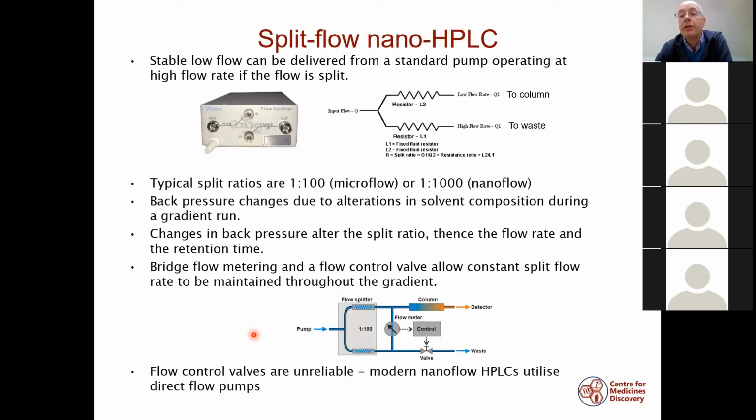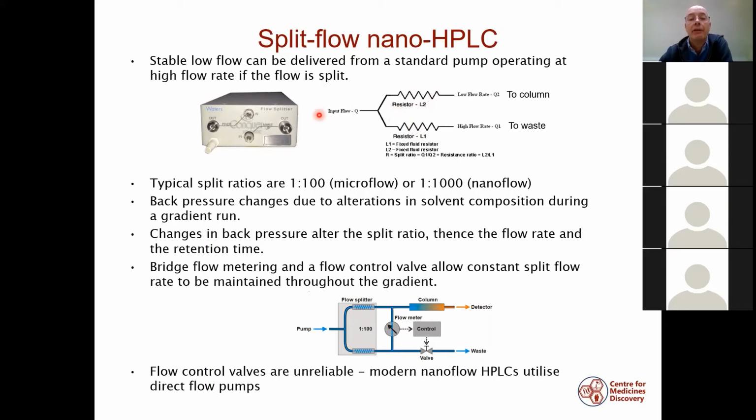One of the earliest solutions to this was split flow. This is used for nano-HPLC. So how this works is you have a flow splitter. So this is where your input is split and it goes through two resisting capillaries. One of them has a high flow resistance, the other has a low flow resistance, and that will split the flow.